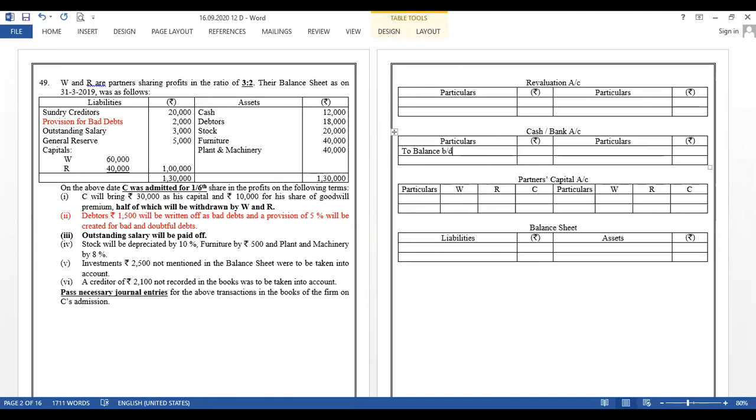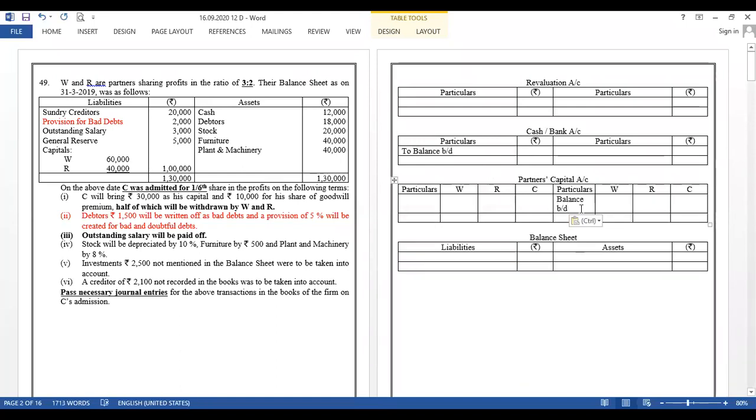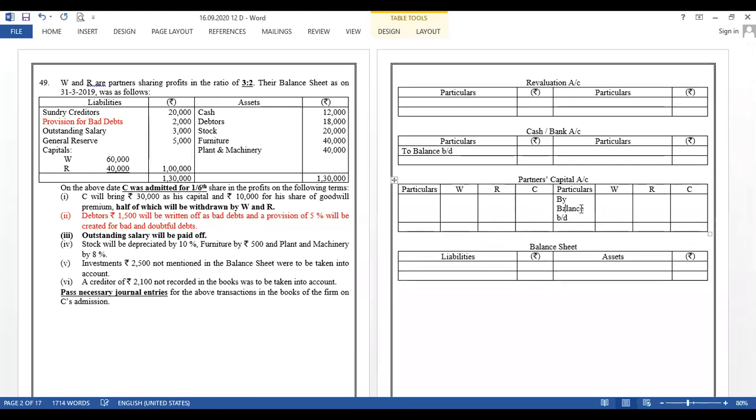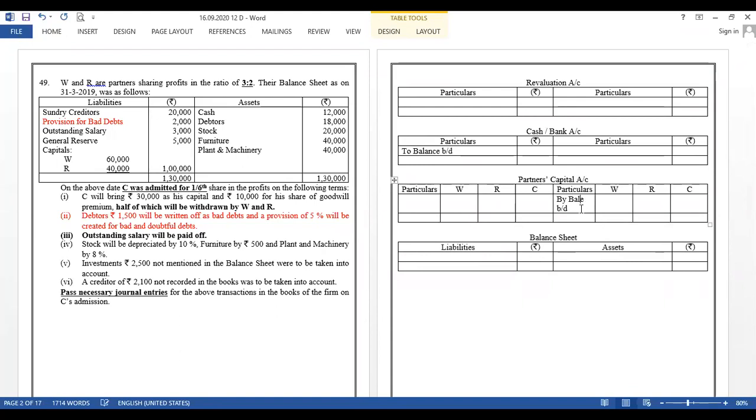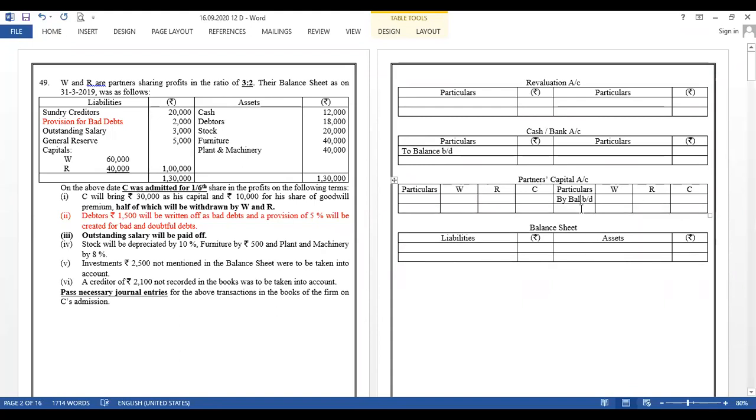In the same way, the partners' capital balances go on the credit side as opening balance b/d, because partners have a credit balance. The cash balance is 12,000. W and R are the existing partners with capital of 60,000 and 40,000.